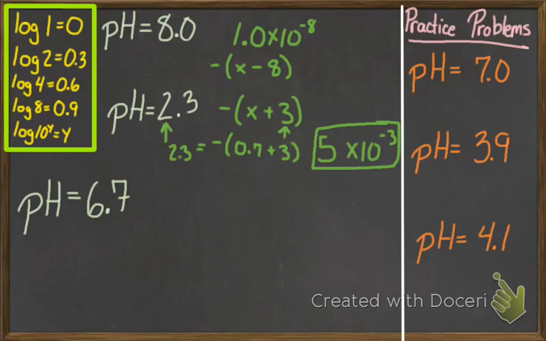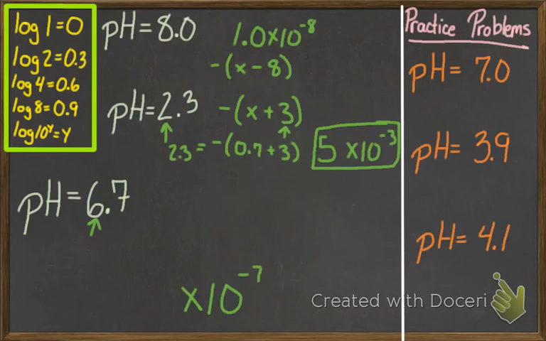And this last one, pH of 6.7, same process as before. We have a times 10 to the digit that's 1 higher than that, so it should be negative 7. And then now we have to figure out the difference. Our x value is going to be 0.3.